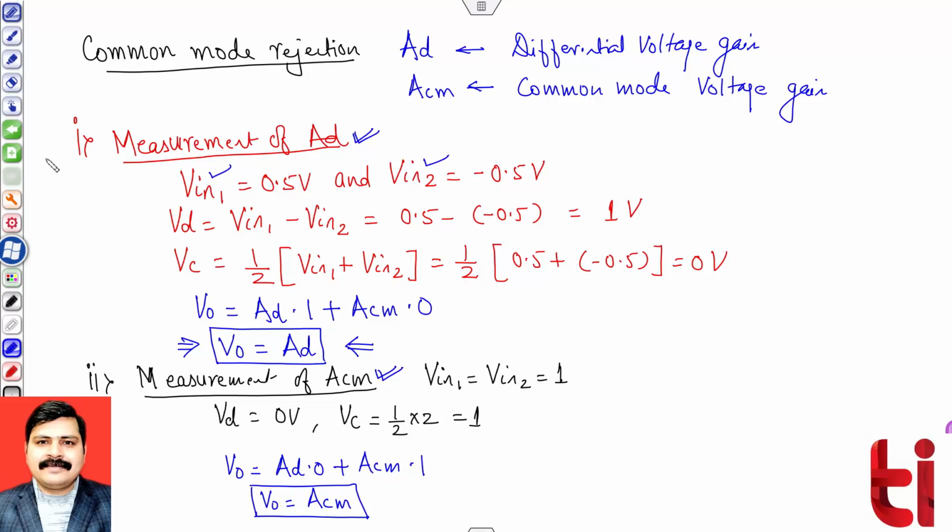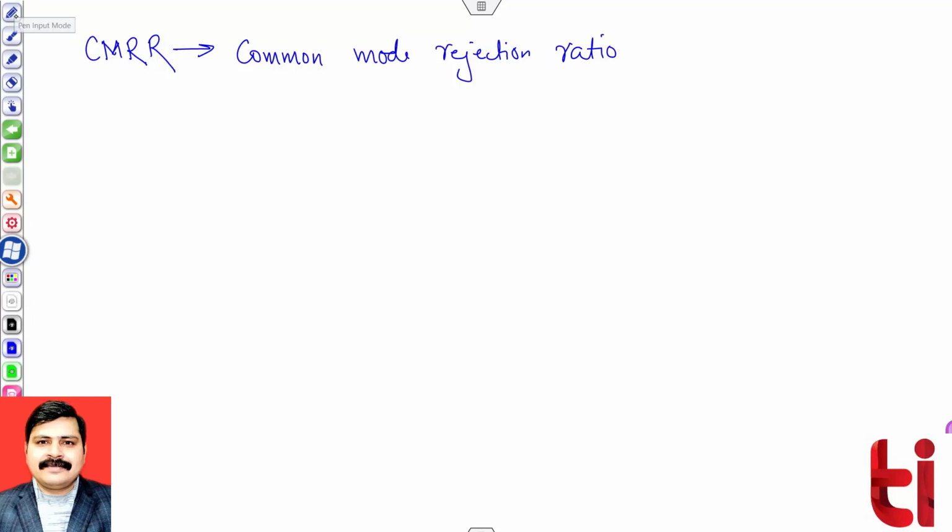And as I have discussed earlier, the CMRR, which is nothing but common mode rejection ratio. In fact, for better understanding, I am writing the definition of common mode rejection ratio.